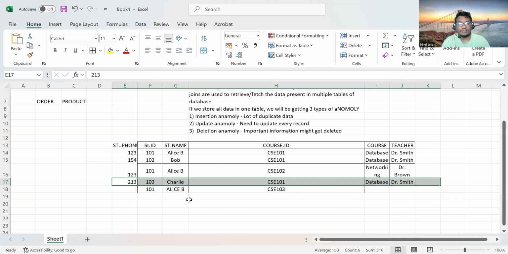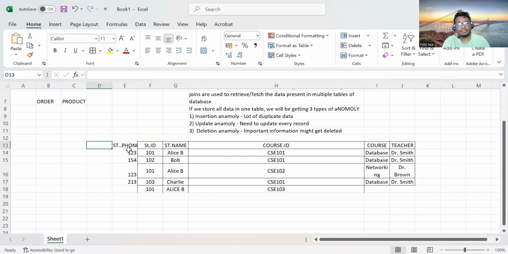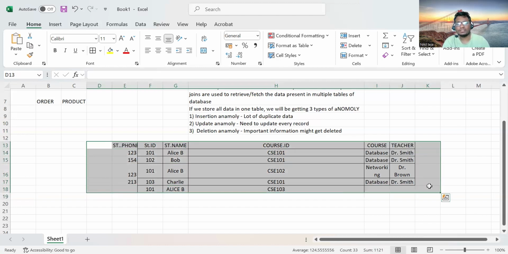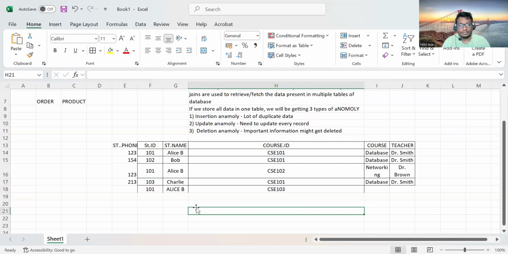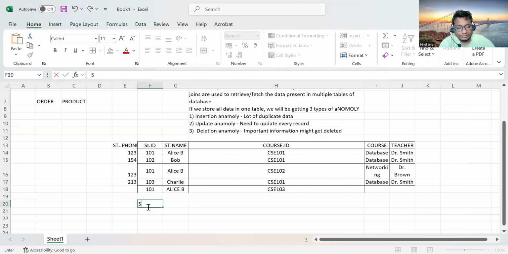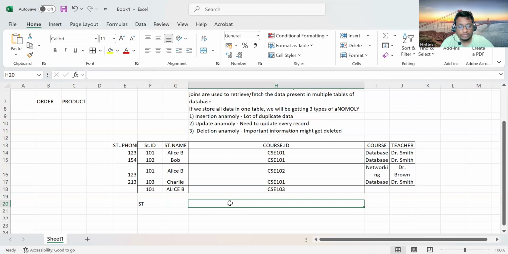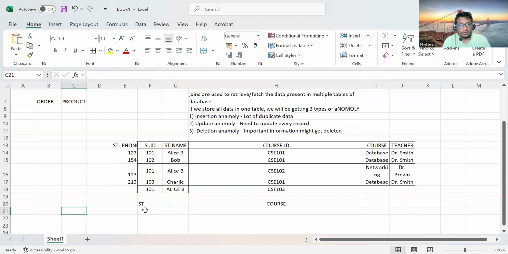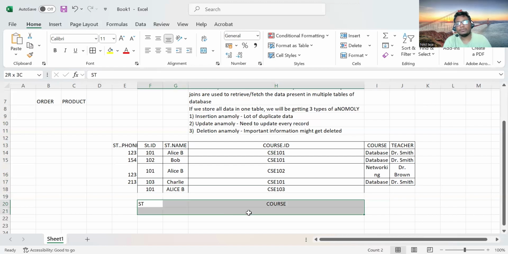So again, in order to tackle this problem, deletion anomaly is used, so that instead of this entire big data, we can create a students table as well as a course table, right? So in the students table, we want the course ID of Alice.